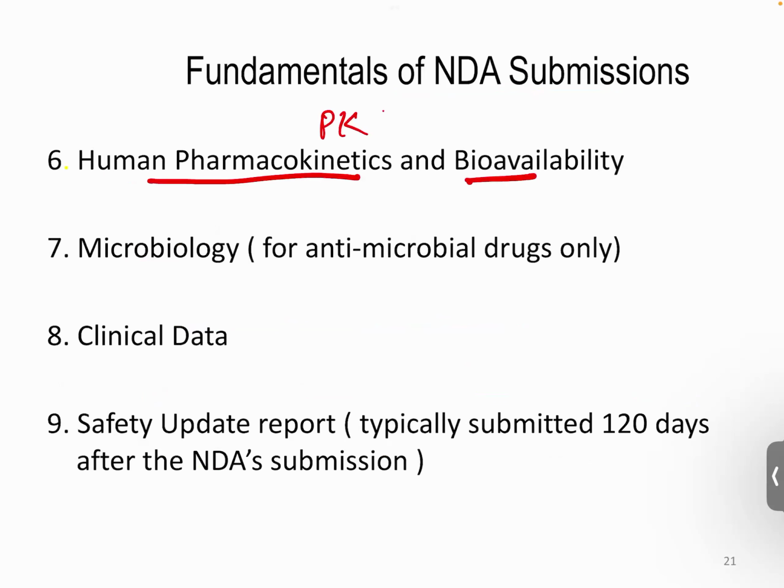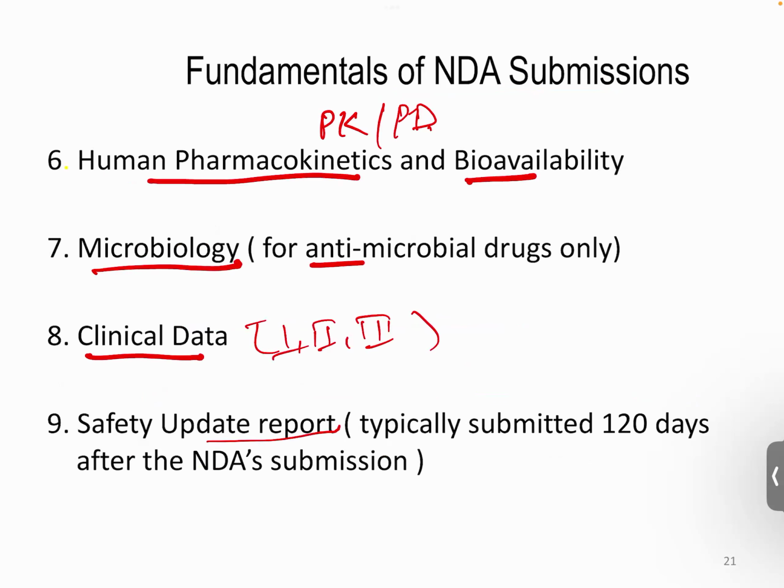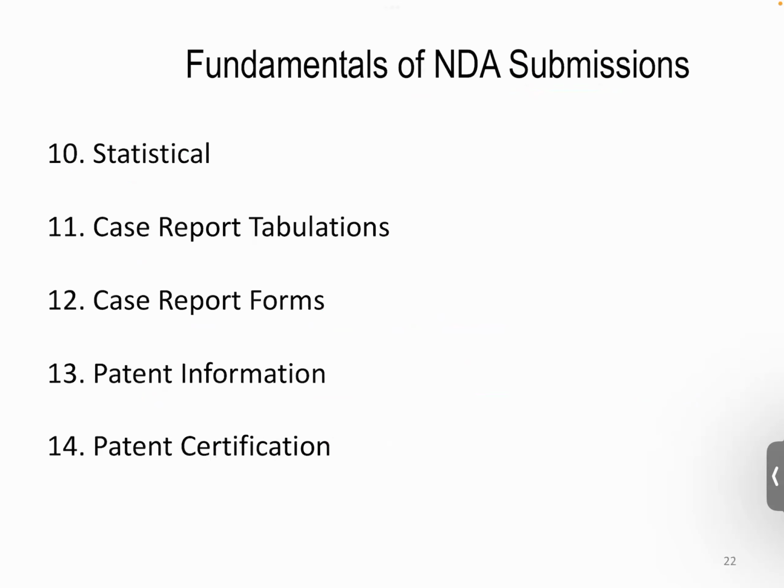Basically, PKPD data goes in here. Microbiology, if this drug is related to antimicrobials. Clinical data means all your phase 1, 2, 3 data. Safety update reports. We have studied PSUR, right? Those reports. Statistical data, case report tabulation, case report forms, patent information, patent certification.